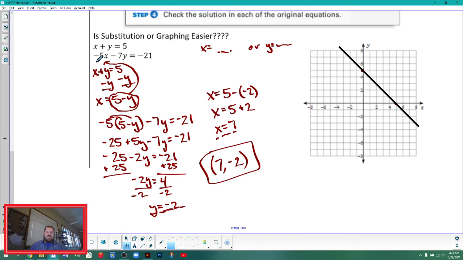Let's look at the other one. When I cover up x, I get negative 7y equals negative 21, which is going to give me a y-intercept of 3. And when I cover up y, I'm going to get an x-intercept of, it looks like, negative 5x equals negative 21. So that's going to be like 4 and 1/5, 4.2.